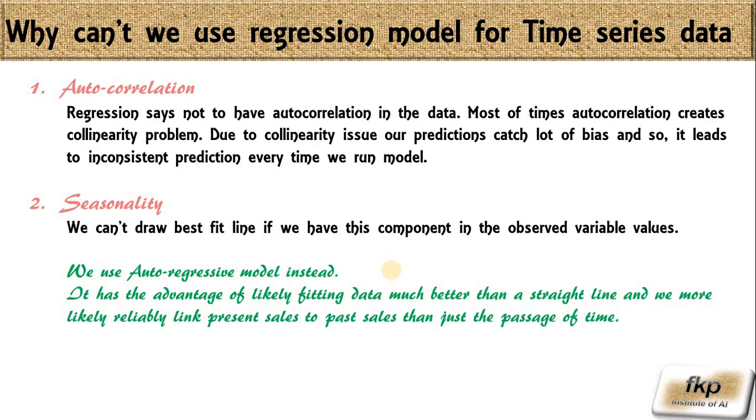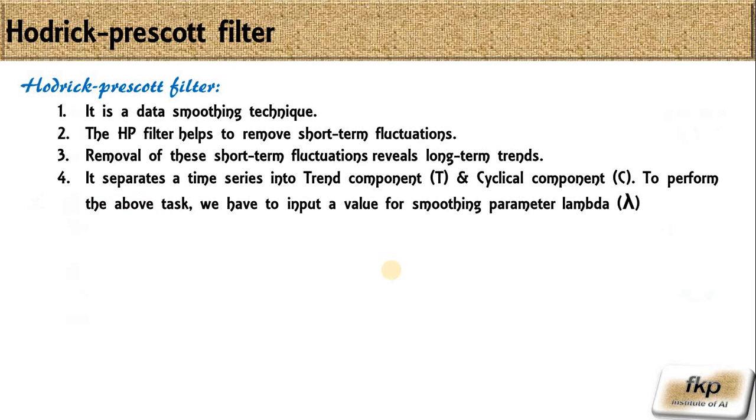If the term autoregression model is confusing, the one in green color in my slide, forget about it for now, and we are going to discuss it in session number 7. Okay, I am jumping to the next slide.